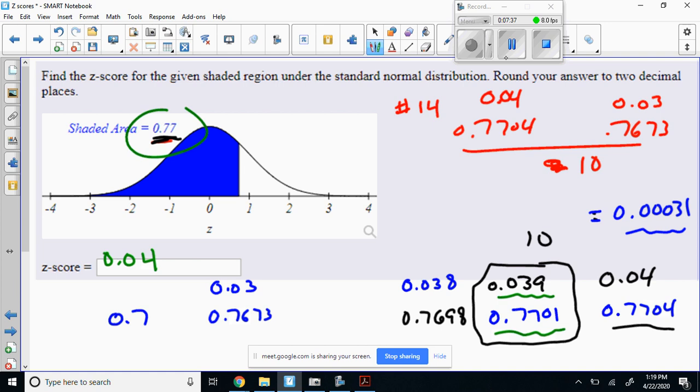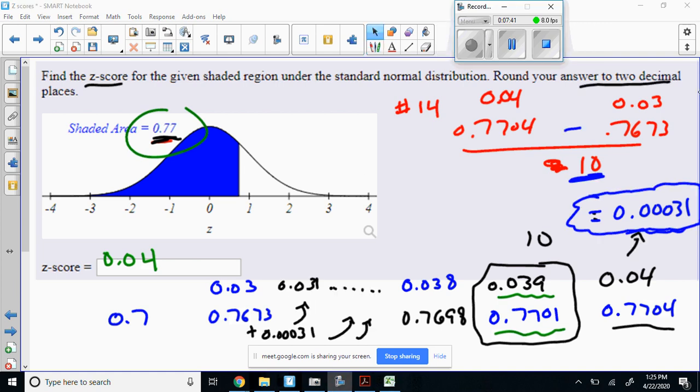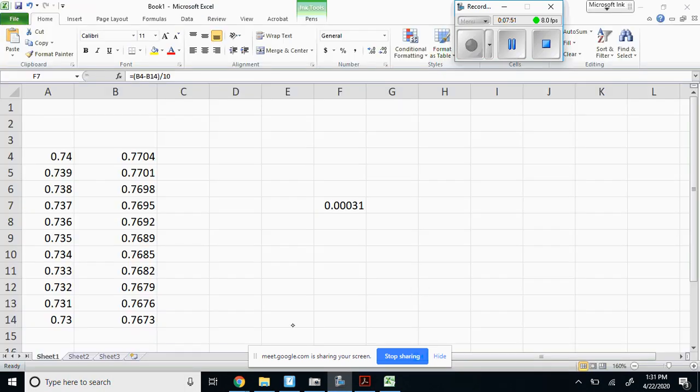So, all right, let me fix this right here. It's really 0.74. Okay, so we set up in Excel 0.73 to 0.74, and we showed every place, the 10 places in between these two, right? The difference between every one of them is 0.0031.